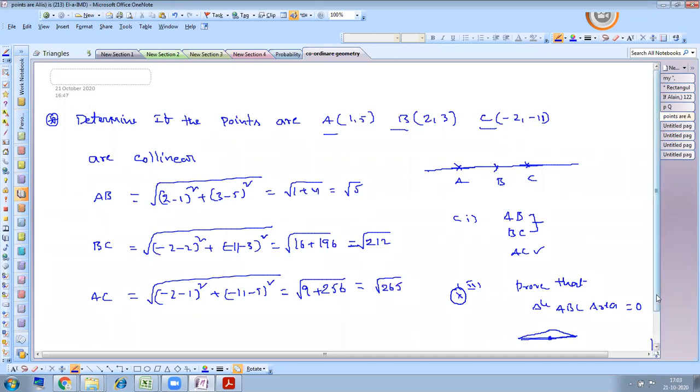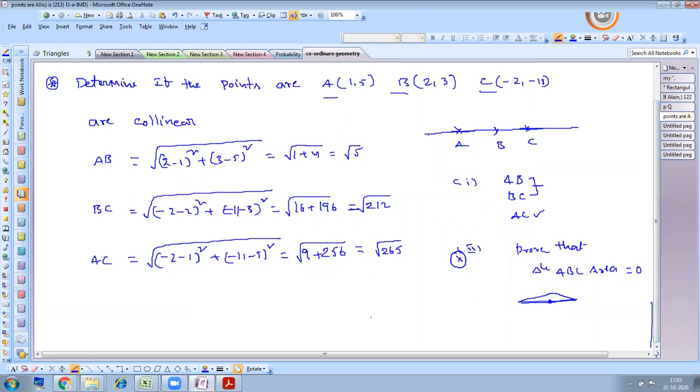So how can we prove whether all the three are the same or not? A (1, 5), B (2, 3), C (-2, -11). How can we prove whether it is collinear or not? Root of 265 must be equal to root of 212 plus root 5. Is it the same? No, sir.